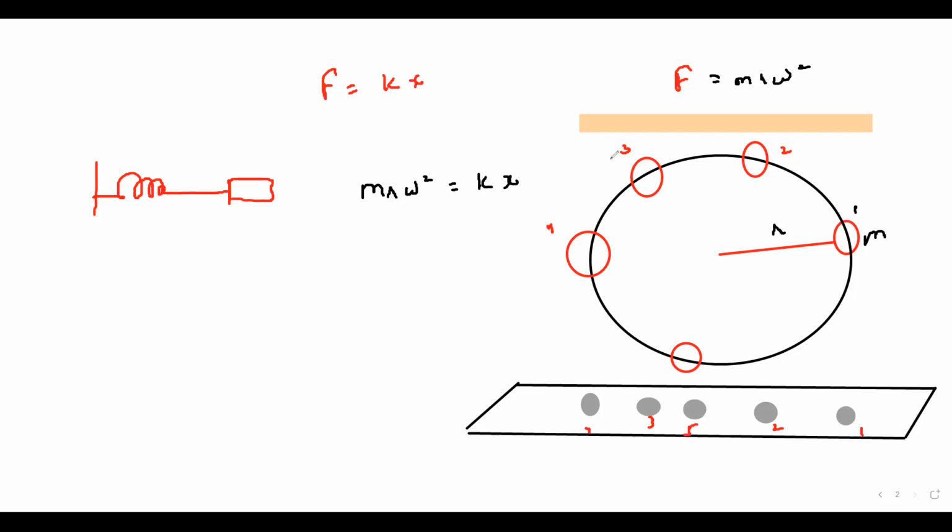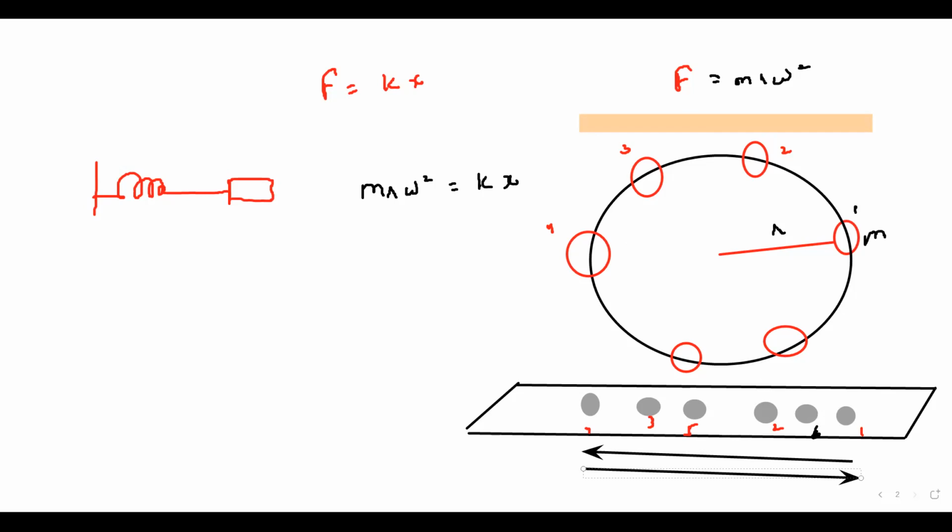When it is at position 6, the shadow will be at this point. So the object is moving in a circular path, but you can clearly see its shadow is performing a simple vibratory motion or oscillation, that the shadow is continuously vibrating to and fro.